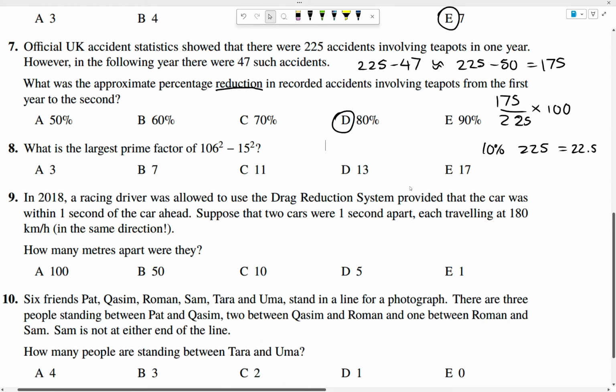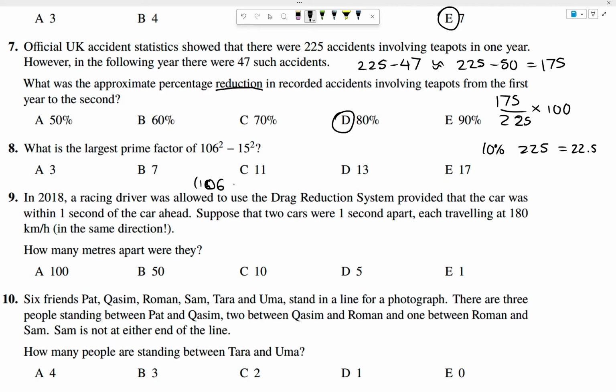Now this one, what is the largest prime factor of 106 squared minus 15 squared? So you should be able to recognize that this is a difference of two squares, which comes up basically every year. So it's a good one to remember and a good pattern to try and recognize.